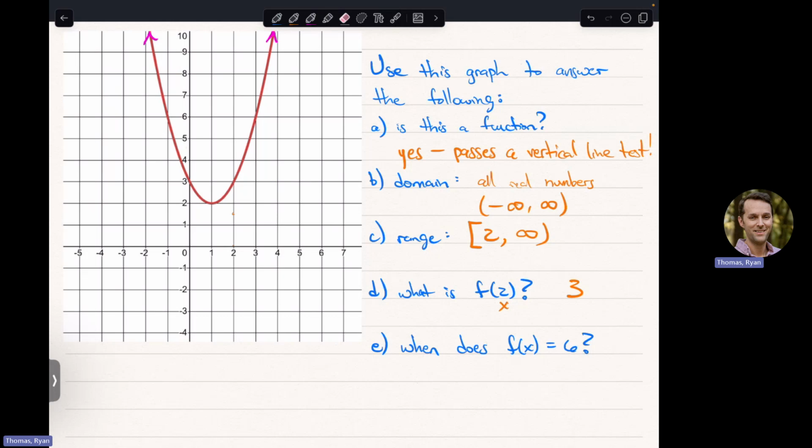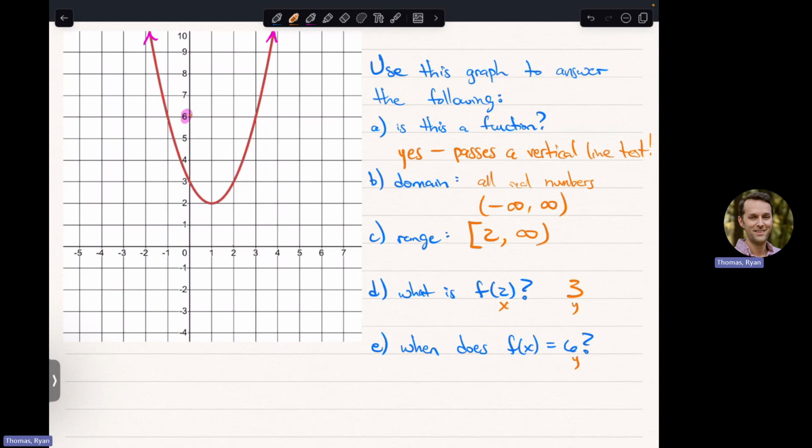This last question, when does f of x equal 6, is the same idea, but in reverse. So we're starting with a y value and looking for the x that goes with it. Oh, sorry, maybe I'll just write in that 3 is a y value. So I'm starting with a y value of 6. So I go find 6 on the y-axis.